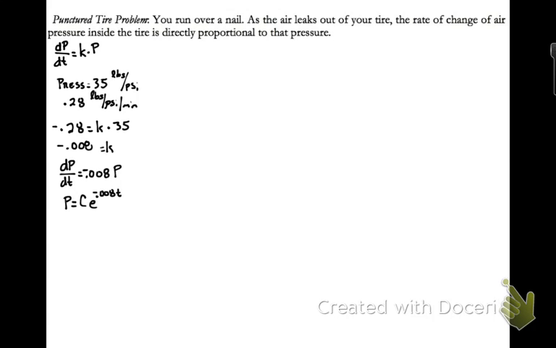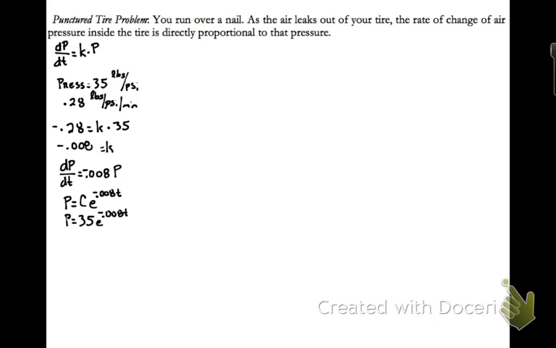Well, the question might be, what is C? Recall we were told that if the pressure is 35, then the rate is 0.28. So when our whole process started, the pressure is 35. That's why, in this context, given our information, we know what C has to be. It is 35, because that's the pressure that the whole process was starting at.